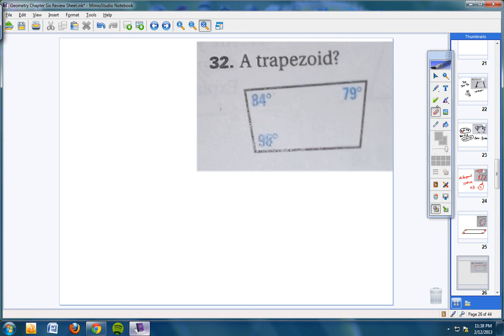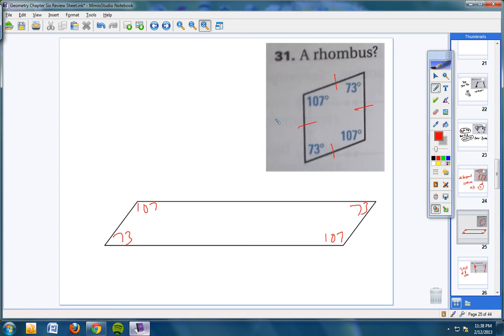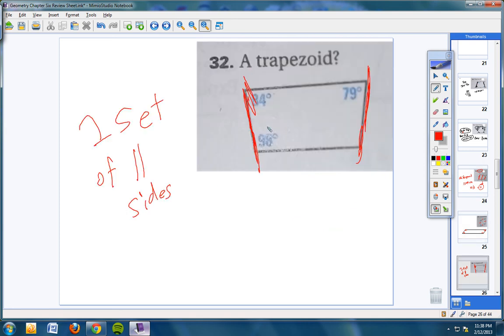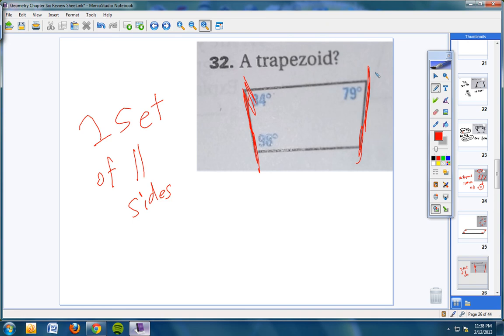All right. Well, let's try the other. Remember, Mr. Earhart doesn't always draw pictures to look the way they should. So maybe this side is parallel to this side. Remember what a trapezoid has to have? It has to have one set of parallel sides. Don't forget that.